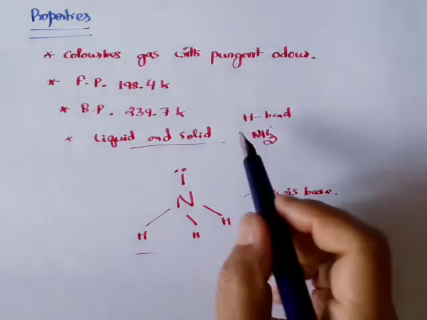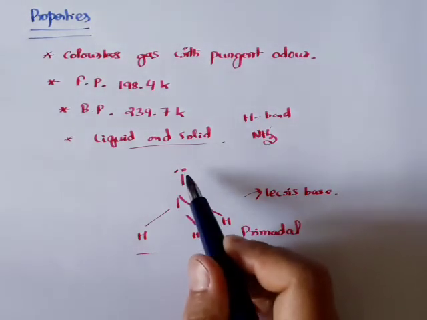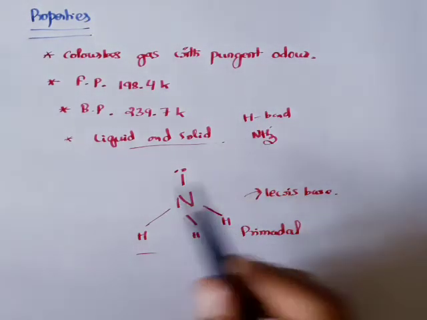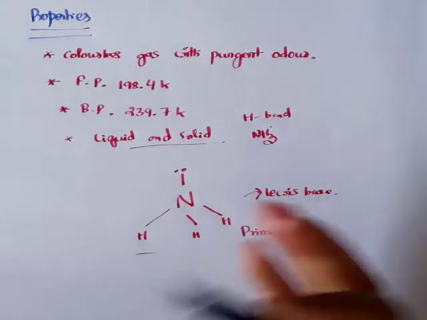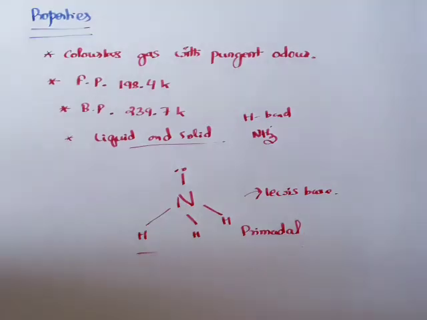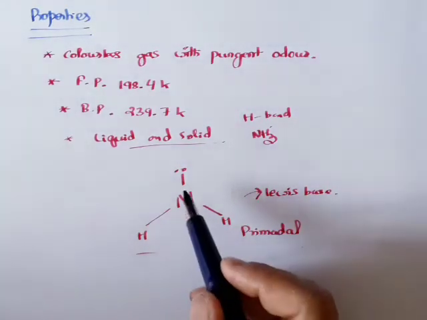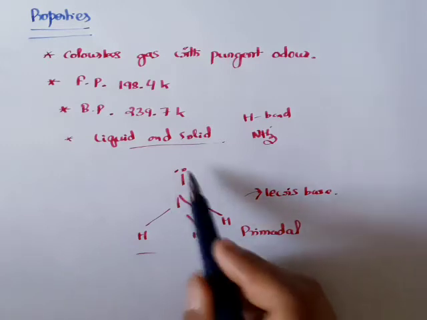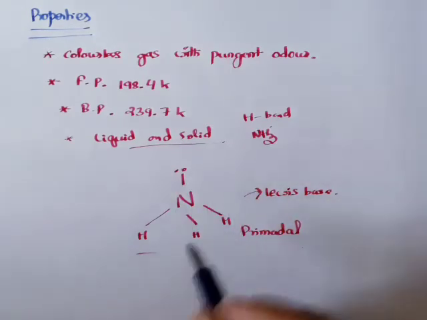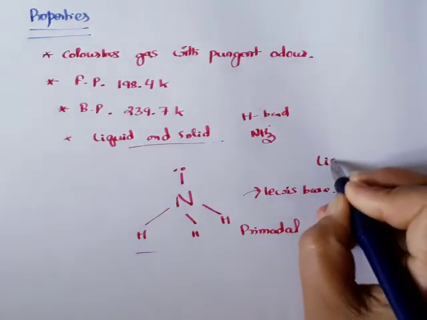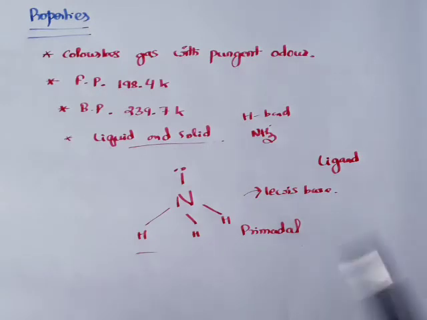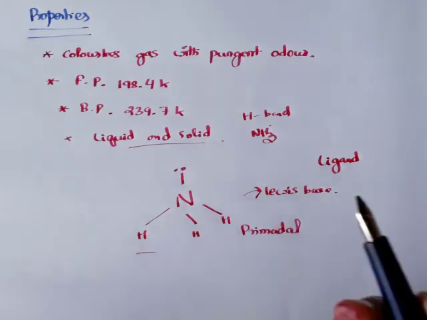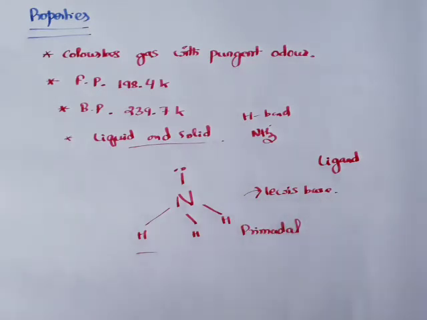That means it is able to donate its electron pair, the lone pair, and form linkage with a metal ion, and that means it forms complexes. For this ability to donate an electron pair, it is also a very good ligand. Ligand means which donates a pair of electrons to the metal ion, and when it donates a pair of its electrons to a metal ion, it forms a complex compound.